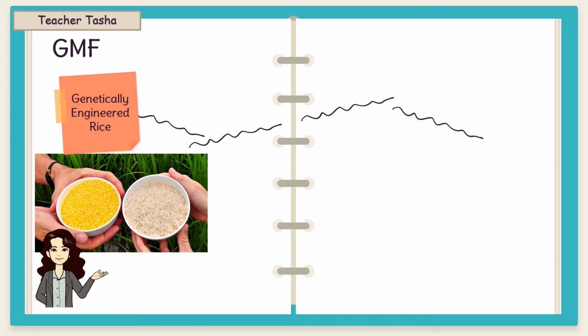So this beta carotene is then converted to vitamin A in the body. So genetically modified rice is actually a rich source of vitamin A, which reduces night blindness. The beta carotene is produced in the endosperm of the rice, so this prevents its loss during the milling stage whereby the husks are removed.